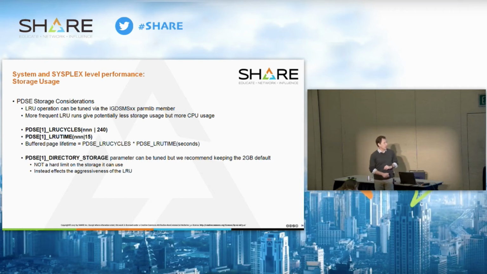So if you have it at the 2 gigabyte default, that means when PDSE hits 2 gigabytes of storage usage, our LRU is going to speed up and go ahead and try to reclaim pages faster. It doesn't mean that requests are going to get denied, and if you're using all of it concurrently, the LRU won't have anything to reuse, and so your storage growth may continue. So while it's a little misleading, it's important to know exactly how that works on your system.